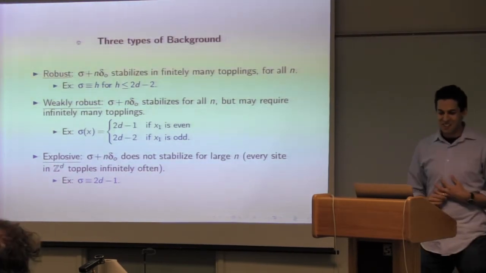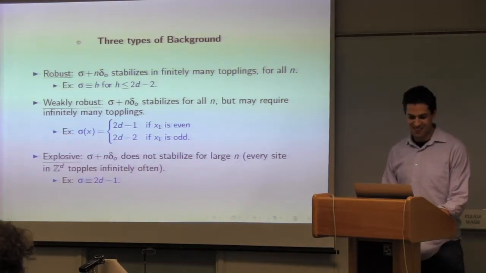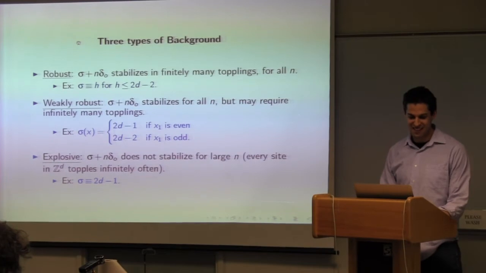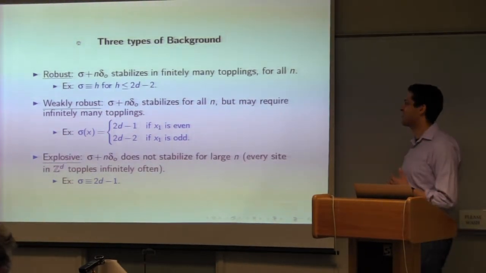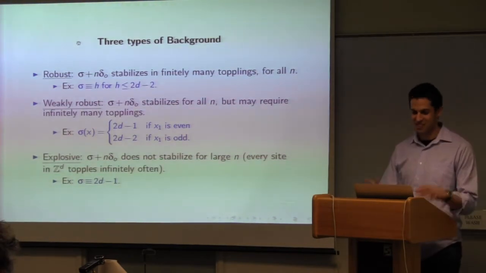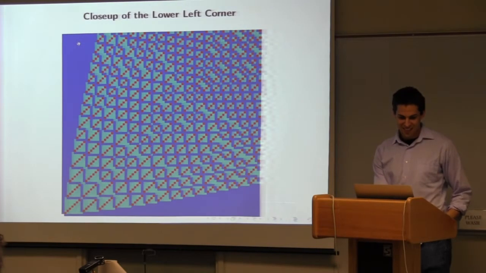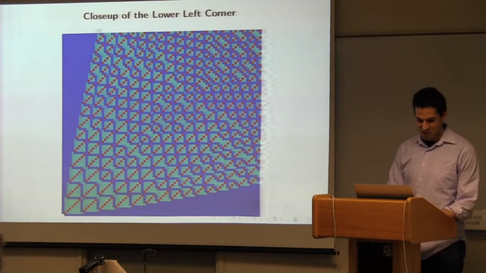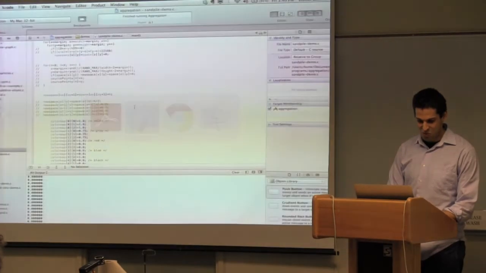We want to know how can we classify it among these three categories. And in the robust case, we can ask further questions like, well, how many topplings does it take, and what is the set of sites to topple? So I'll tell you a little bit about what we can say about questions of that form.